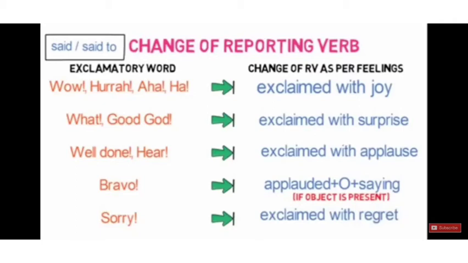If the word is bravo, then the sentence structure is like this: applauded plus object plus saying. If the word is sorry, we use exclaimed with regret. If the word is pooh or nonsense, the reporting verb said or said to will be converted into exclaimed with contempt.